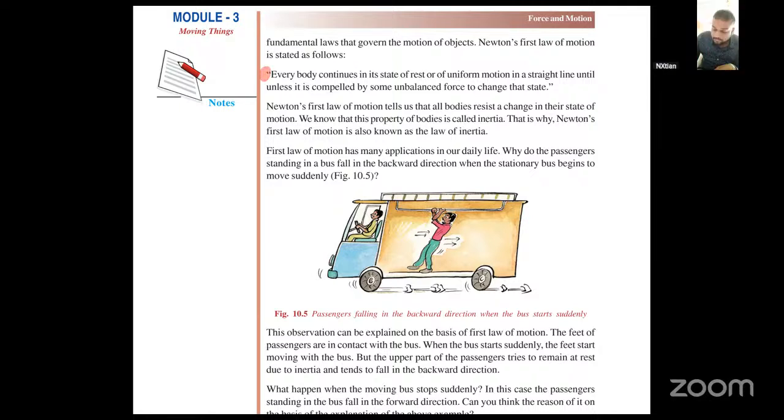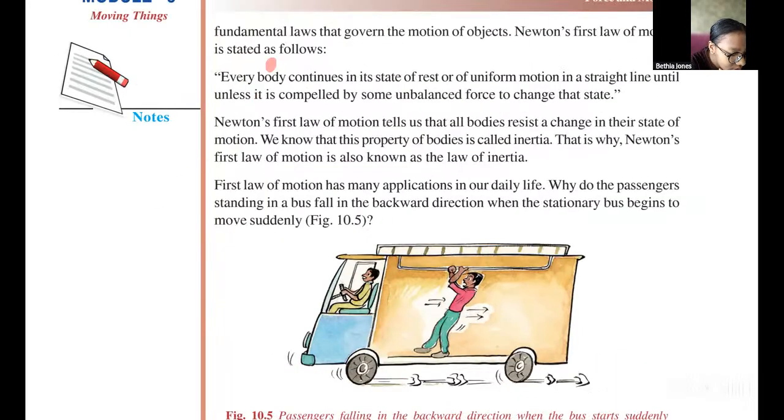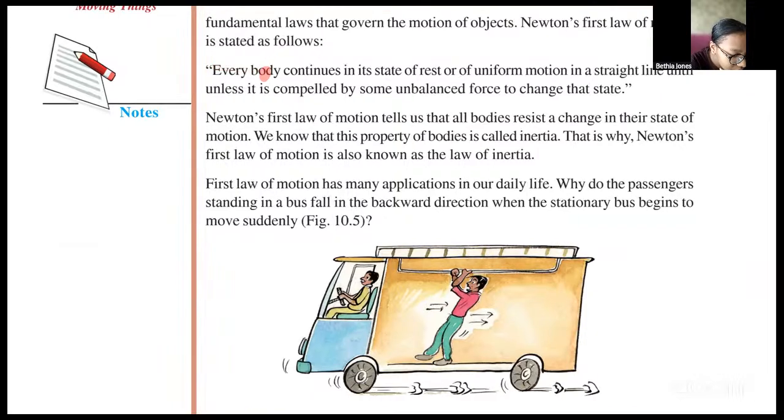Yeah, this part. Every body continues in its state of rest or of uniform motion in a straight line unless it is compelled by some unbalanced force to change that state.